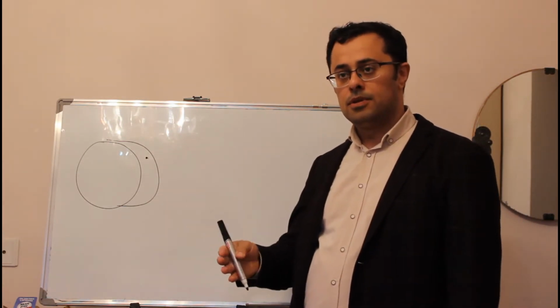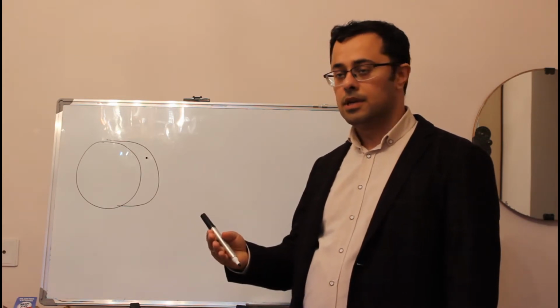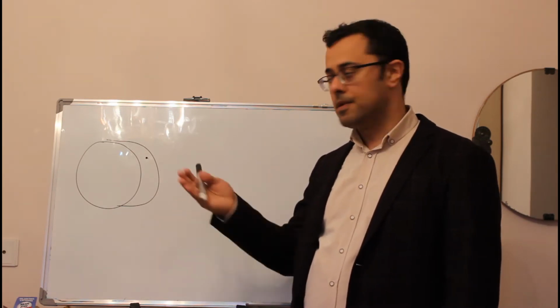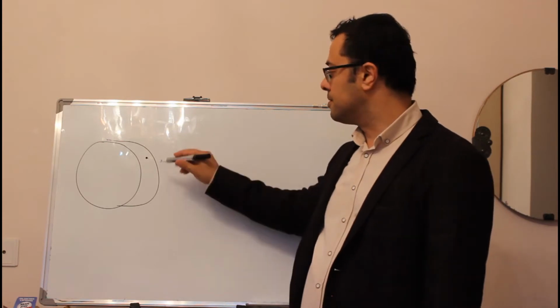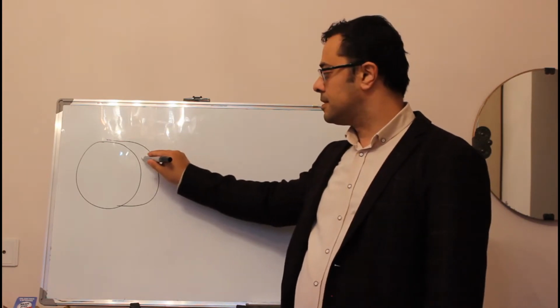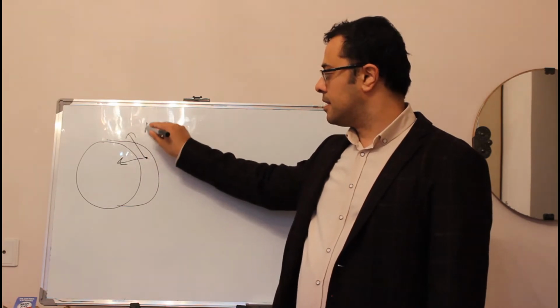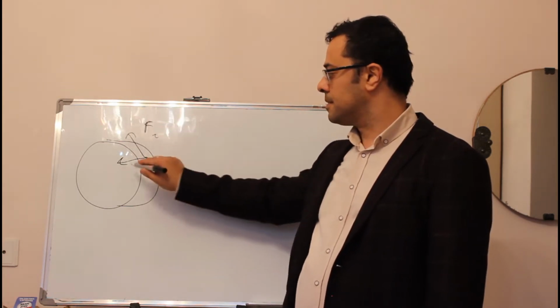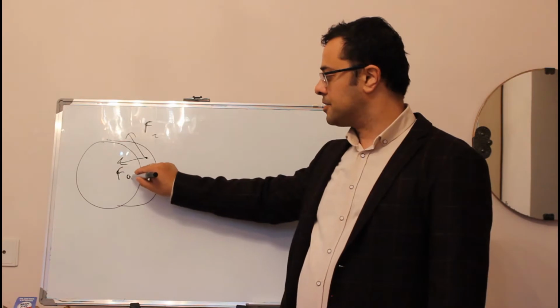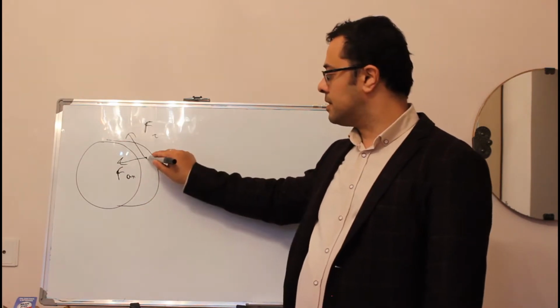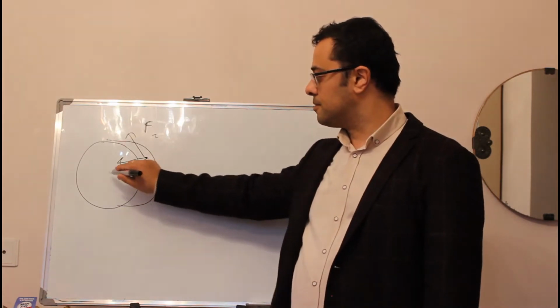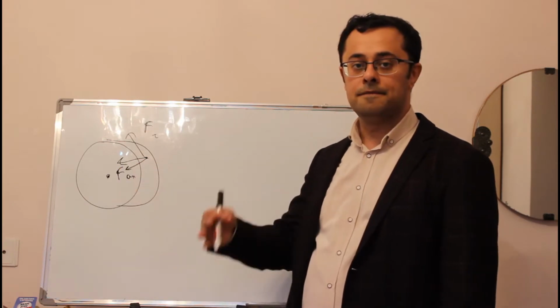It's not one point, it's a tooth of the gear. However, we will consider it as one point. So this is F tangential, this is F axial, and also there is F going to the center, F radial.